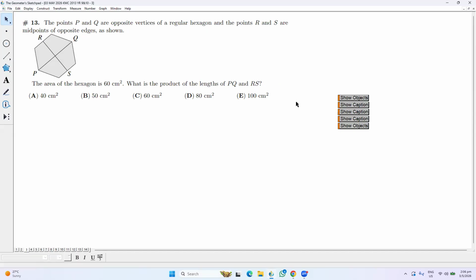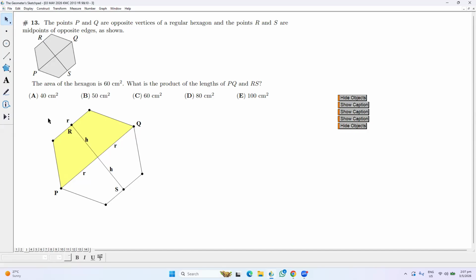So I draw a bigger diagram so that I can label better. We know the hexagon lies on a circle. So the center to the vertex, the radius of the circle, is R, equal to the length of the side of the hexagon, also R, because the hexagon is formed with 6 equilateral triangles.